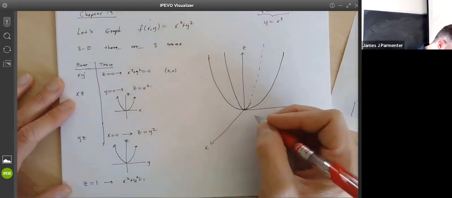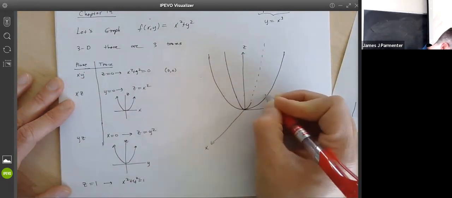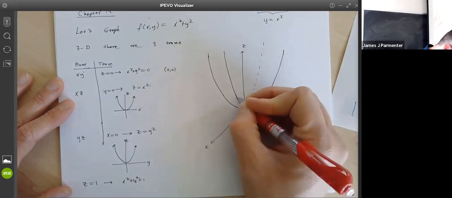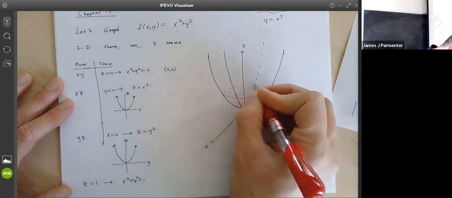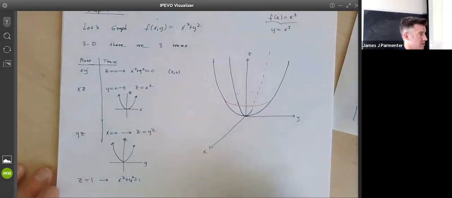So up at a height of Z equal to 1, I'm getting a circle. And that's going to be true the higher I go. Z equals 2, I'm going to get a circle of radius square root of 2.